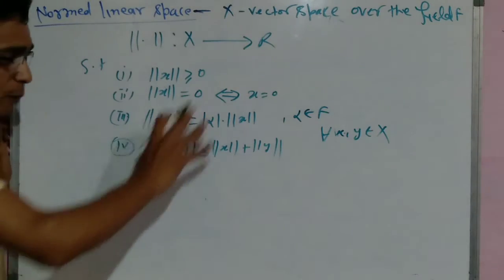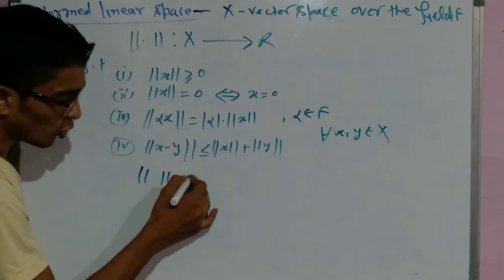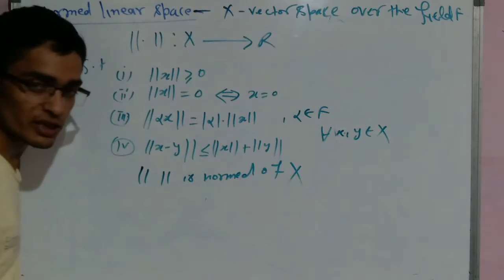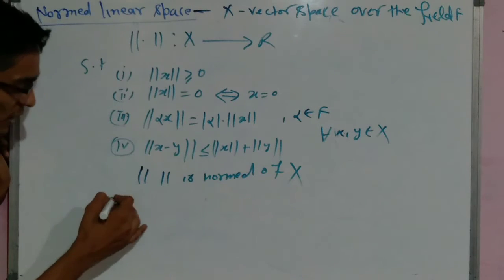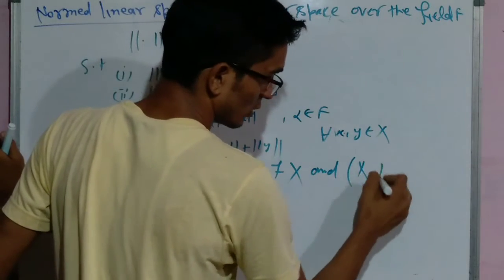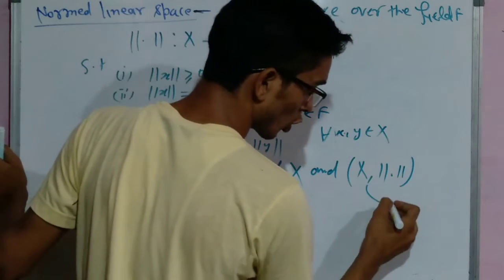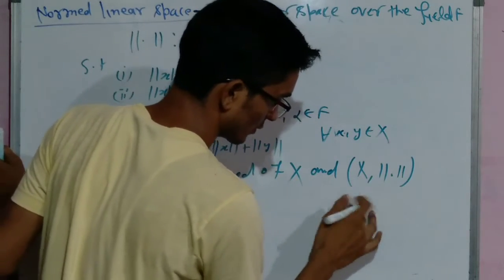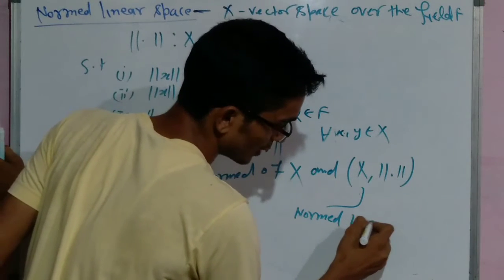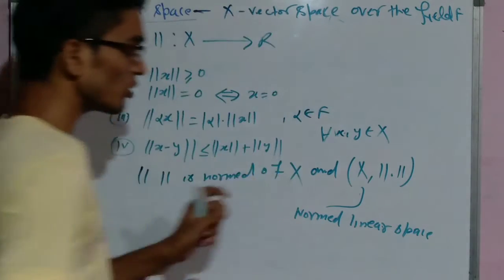So if all the properties are satisfied, then this is called the norm of x. And the space X with the norm is called a normed linear space.